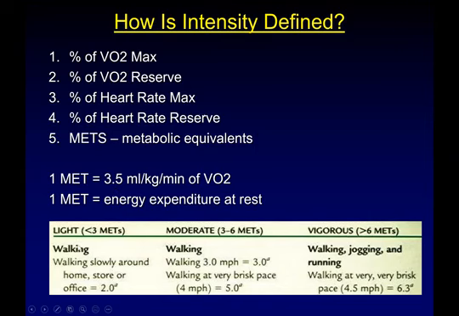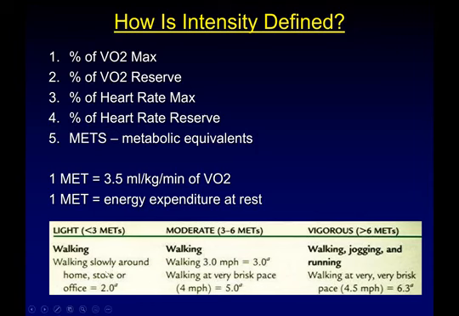So generally, light intensity physical activity is quantified as anything that is less than 3 metabolic equivalents. So it's over rest, so it is physical activity, but it is not costing you any more than 3 metabolic equivalents. You've not raised it more than 3 times your resting rate.